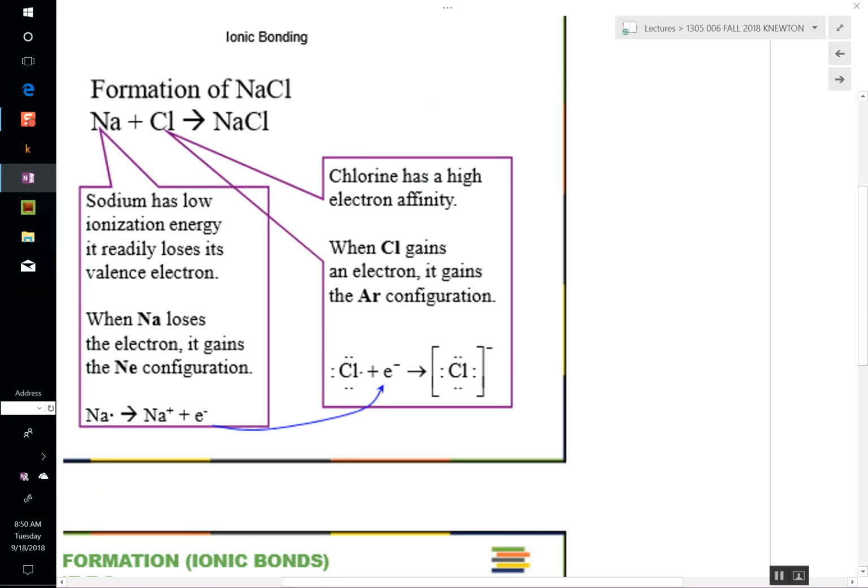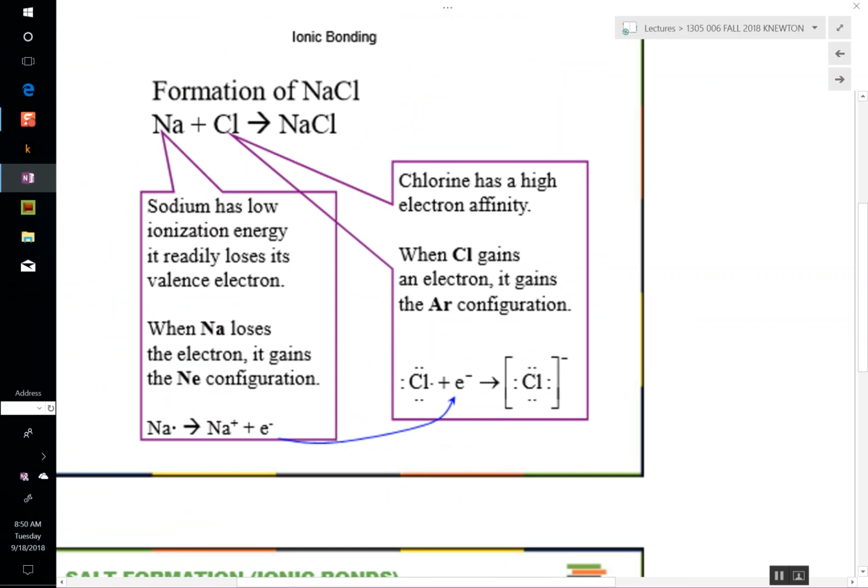So here's an example. We already looked at this, and this is a Lewis dot structure here. All we're putting is the valence electrons. Sodium has 11 electrons around it, but it has a 3s1 valence electron. And in Lewis dot diagrams, the only dots we put in the symbol are the valence electrons.